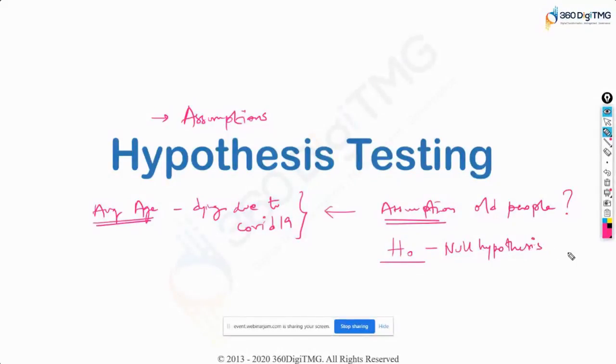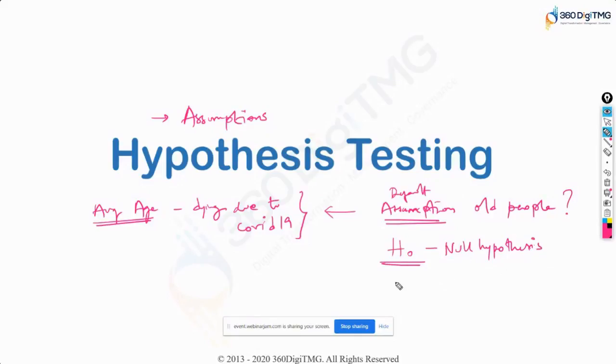The current condition. Now, if this is wrong, we basically have to prove that this is wrong. Your default assumption is this. But until then, we are always saying that the null hypothesis is correct. That is the reason we are following that.